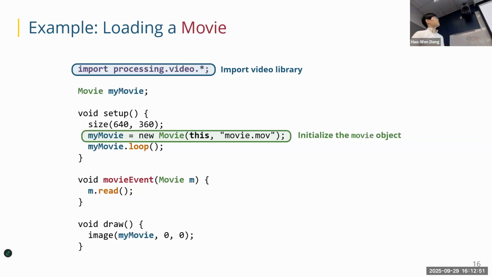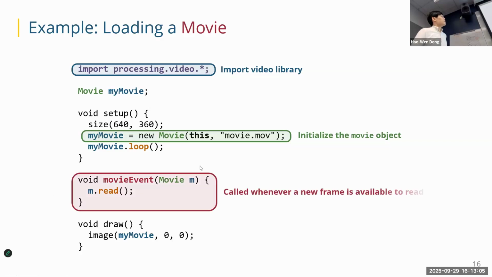And this is how you initialize the movie object: new Movie(this, "movie.mov"). And then you just loop this movie again and again. And this is a function that will be called whenever a new frame is available to read. So you have to do this so that the movie frame is being constantly read so that you can show it here.